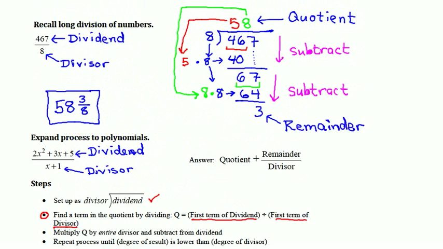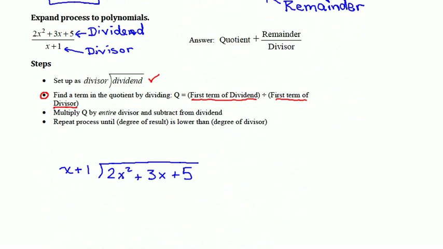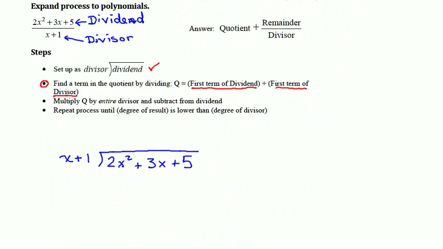Up here, this is where we took 46, which was a portion of our dividend, and we divided it by our whole divisor, 8. Down here in our polynomial example, we're going to start by taking just the first term and divide it by just the first term, because what we're after here is a single term for the quotient.